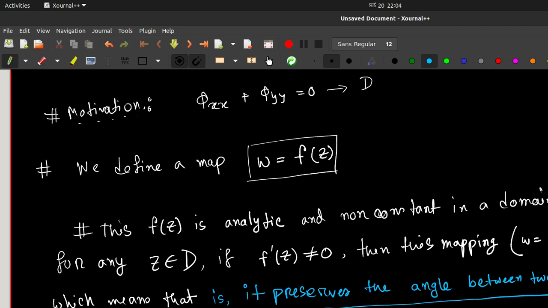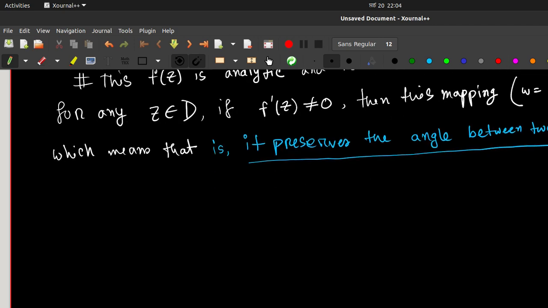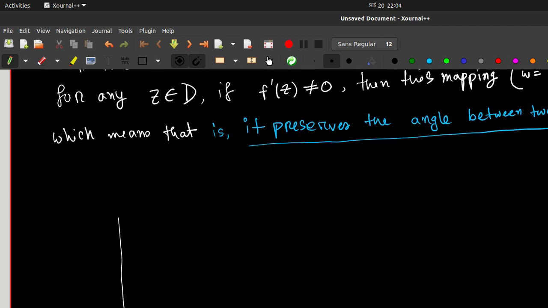Let's try to draw them. Let's say this is the z plane and this is the w plane, and let's say I have two curves.